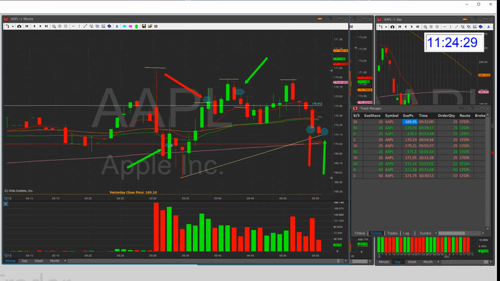I was looking for it to either reject the VWAP, reject the 170, as well as this area at 170.50. I took really small size, 25 shares, and it popped up and through and sold down. I was sitting okay here because my risk was right here at 170.50.